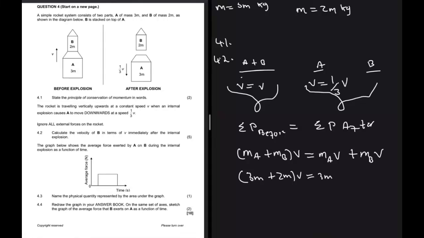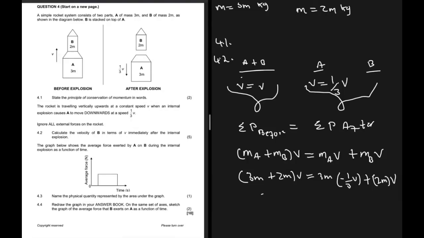So because A is going down, instead of 1 over 3v, I'm going to put minus 1 over 3v, plus the mass of B, which is 2m, multiplied by the velocity which we are interested in. That's what we are supposed to find.